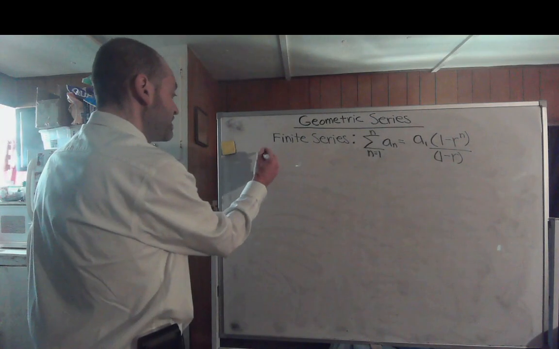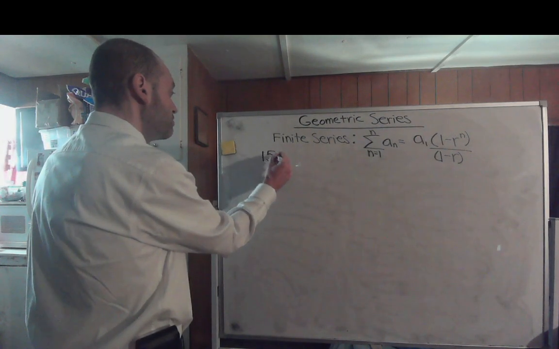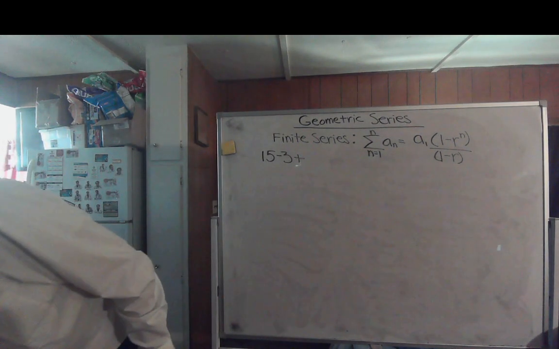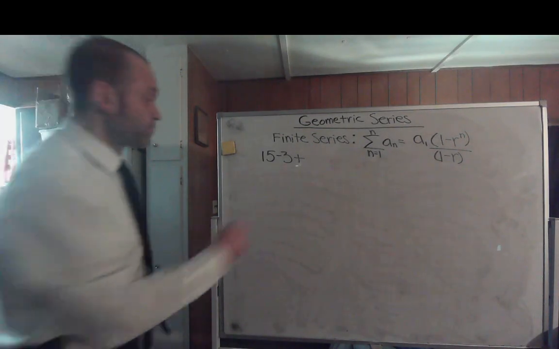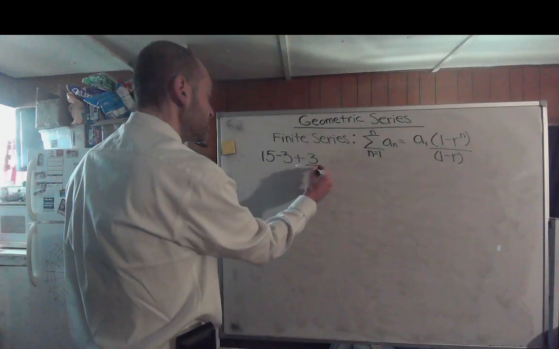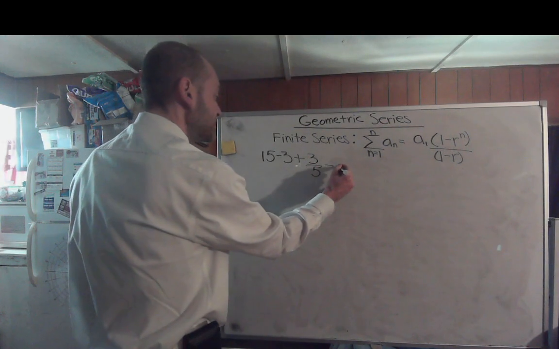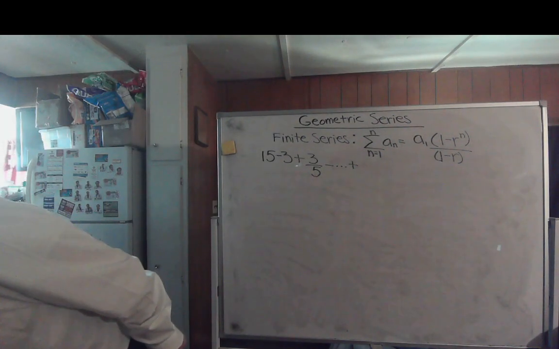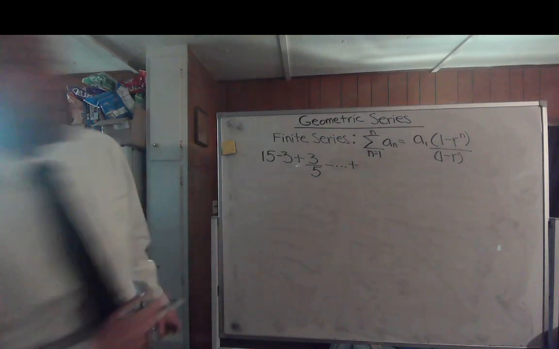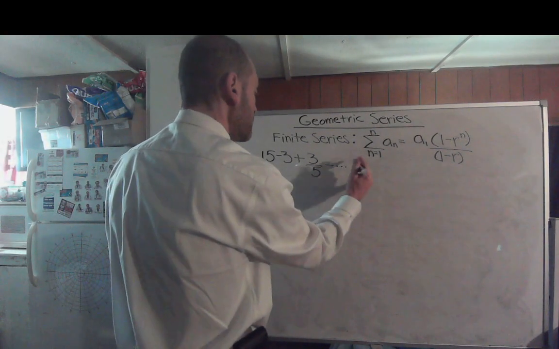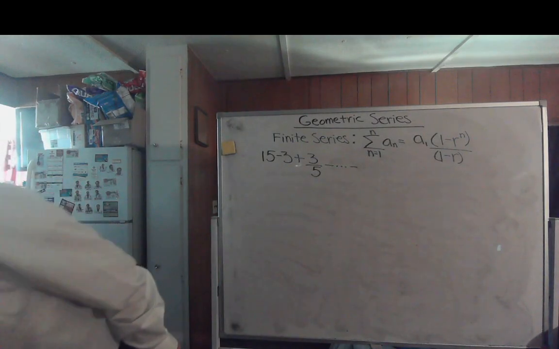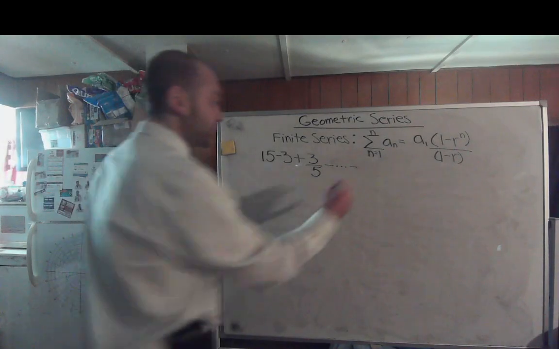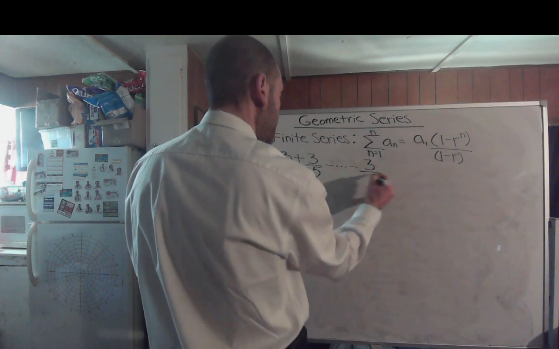Let's see, we have 15 minus 3 plus 3/5 minus, actually, excuse me, it goes all the way to minus 3 over 625.